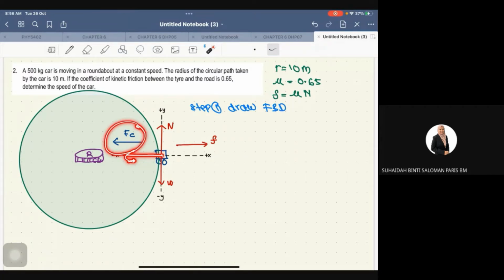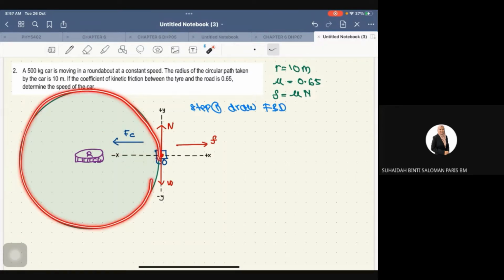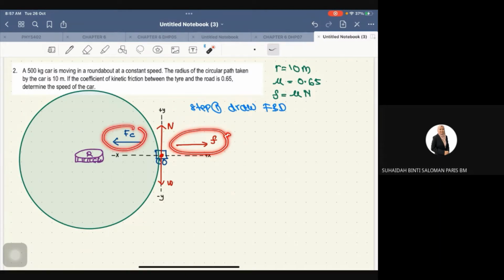So bila wujudnya centripetal force, barulah objek ni boleh bergerak dalam keadaan bulatan. Okay. So kalau saya lukis frictional force arah sini, okay, FC akan jadi kosong. So nak tak nak, okay, saya punya FC must be draw in these directions.